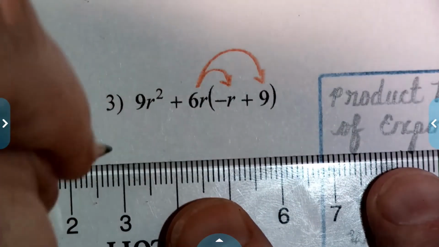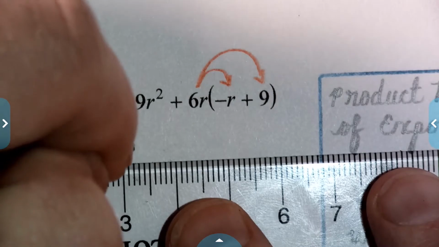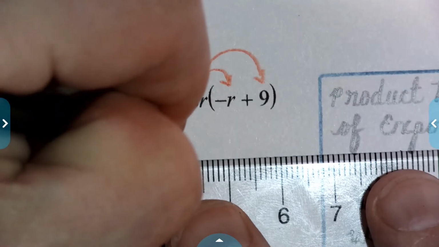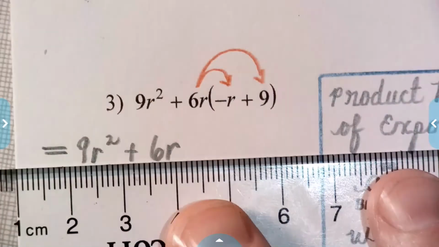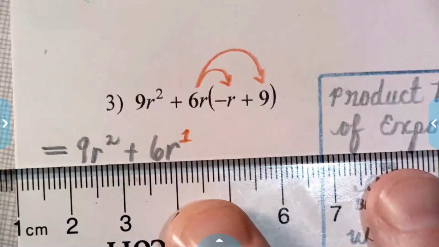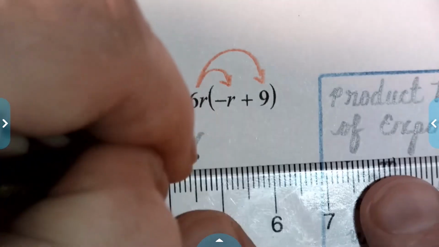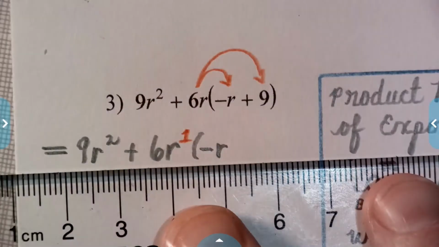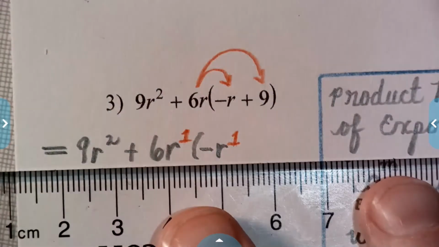Remember, we don't care about that right now. 9r squared plus, and now I'm going to write 6r, but I'm going to go ahead and give myself that exponent of 1 times negative r, and I'm going to go ahead and give that letter the exponent of 1 plus 9.